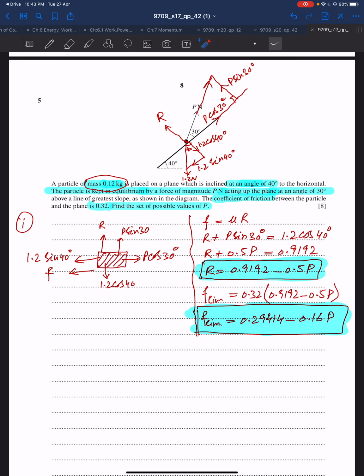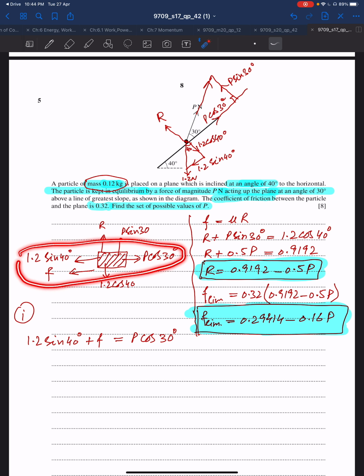I'll write down the first situation: P cos of 30 is equal to 1.2 sine of 40 plus F, taking the horizontal components.